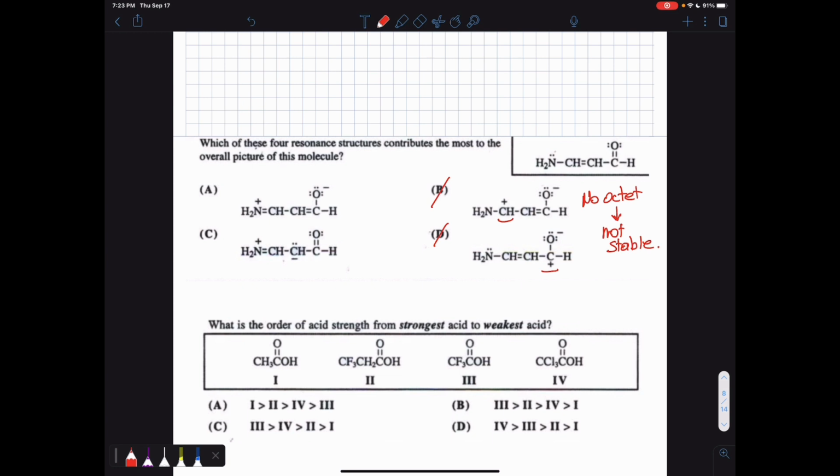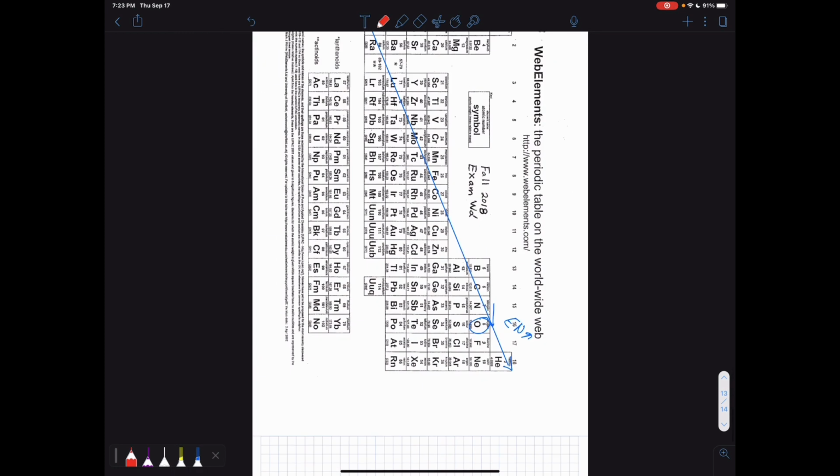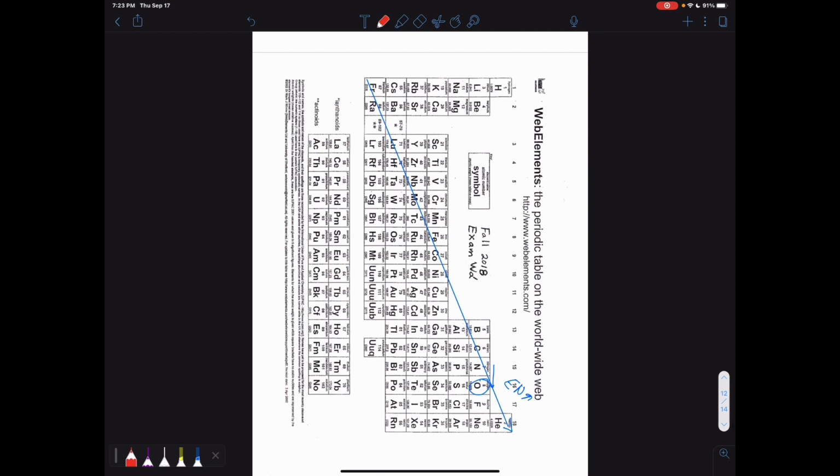we notice that on the first one we have a negative charge on the oxygen and the positive charge on the nitrogen. Compared to this one, we have a negative charge on the carbon and the positive charge on the nitrogen. Now, as I mentioned before, the electronegativity goes from the bottom left to the upper right. If I scroll down and look right here, I still have the arrow.